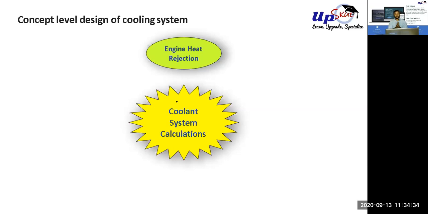First and the most important, perhaps the biggest, is the engine heat rejection. We have to calculate how much heat is being rejected. The 30% heat rejection is just a vague assumption. It doesn't work for all kinds of engines. So that's one thing we're going to look into.